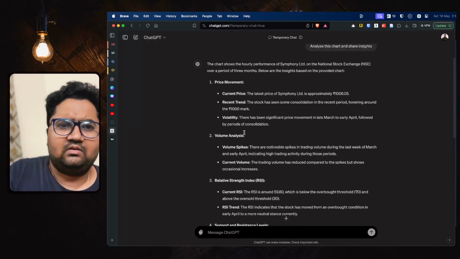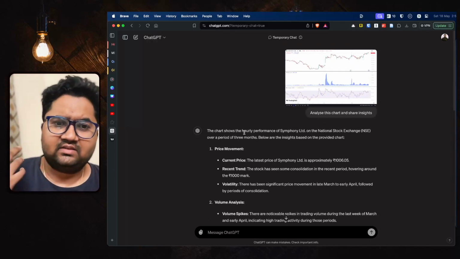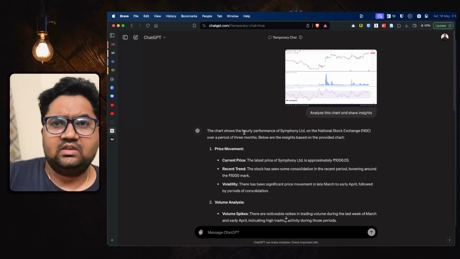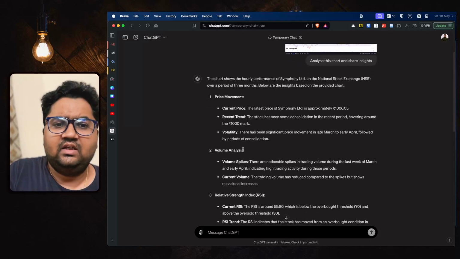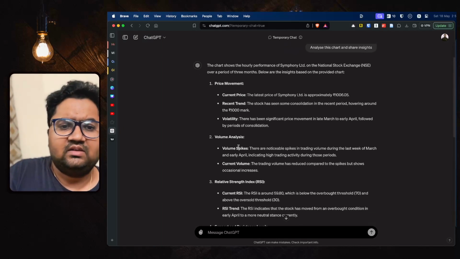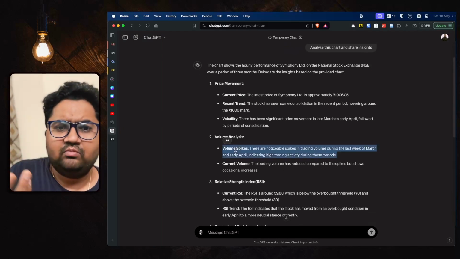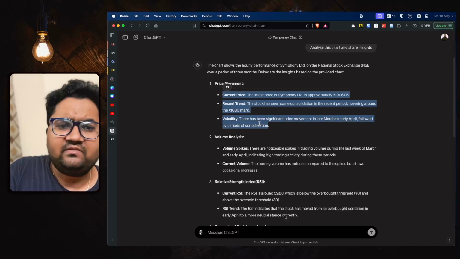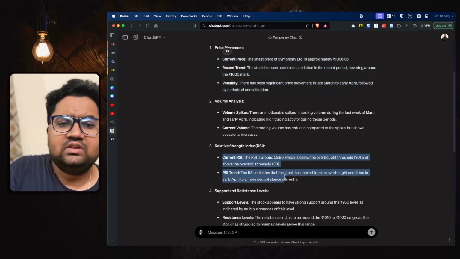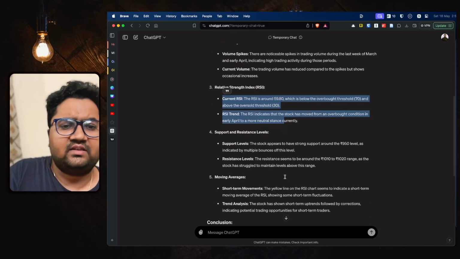Now let's go back. What it has done is grouped the study into different categories. It's talking about price movements, volume analysis, and there are volume spikes as we just showed in early April, right? It's catching the right time. It's talking about the relative strength because that's included as an indicator.